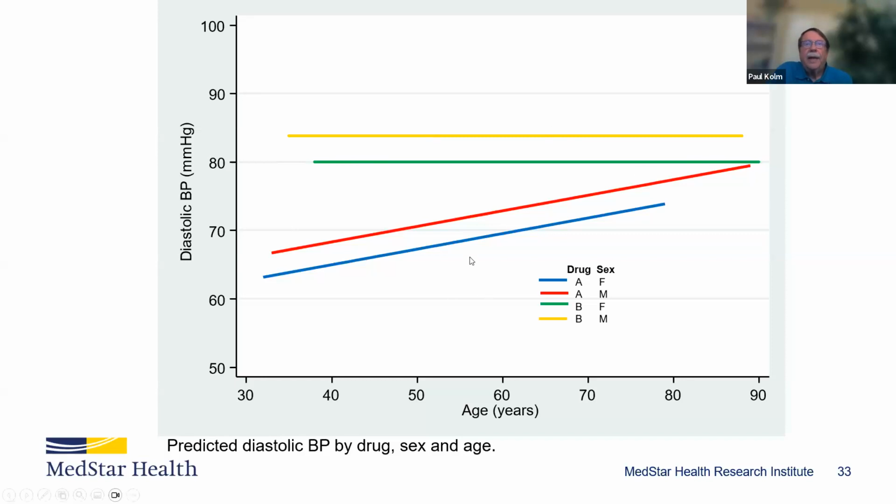On the other hand, for drug A, we see that there is a change with increasing age, and we still see that females are doing better than males because they have generally lower pressure, but both are increasing as age increases in drug A. And so we are going to have somewhat of a dilemma in interpreting our results, in that we're not going to just be able to straightforwardly say that drug A is better than drug B.